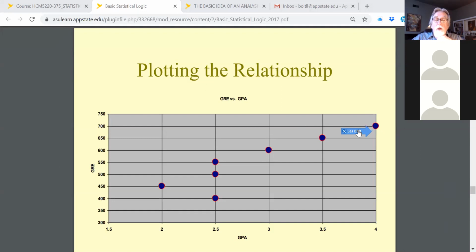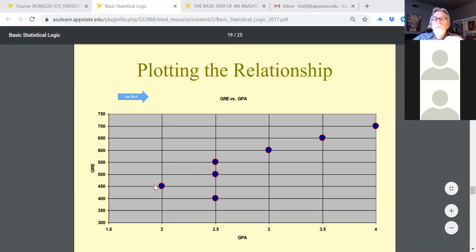And so we could graphically plot these 7 subjects on a graph with different axes, GRE on one axis and GPA on the other. I know there are different scales, and we'll deal with that in a bit. But this gives us an idea of graphically what might be the relationship between GPA and GRE.